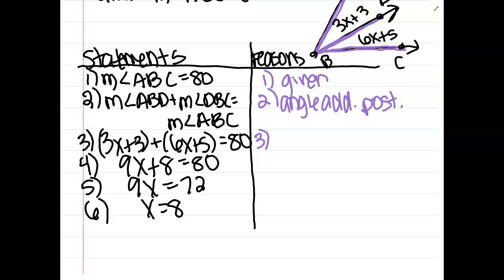They took this angle plus this angle to give me the big angle. Why am I allowed to do that? Yes! Substitution! Right? Because the measure of angle ABD is 3x plus 3. So I can use 3x plus 3 instead. So that's the substitution property. Very good. Okay, well from step 3 to step 4, what did they do from step 3 to step 4?